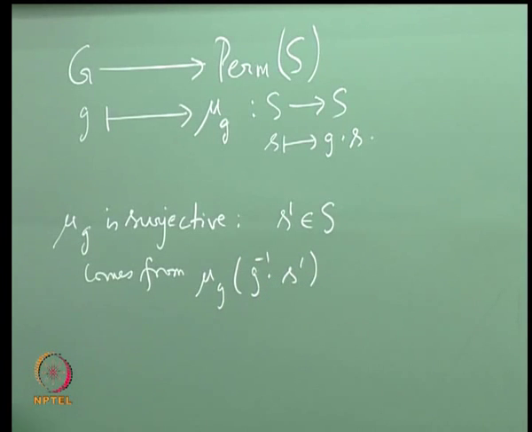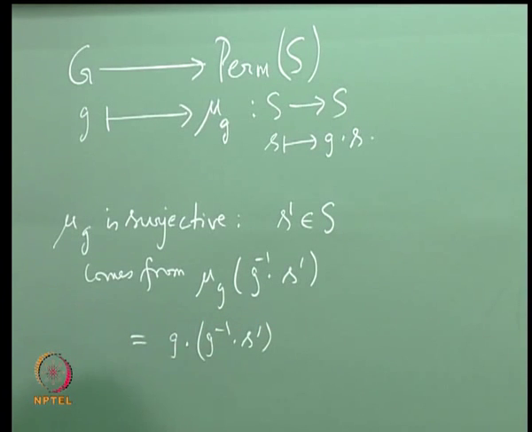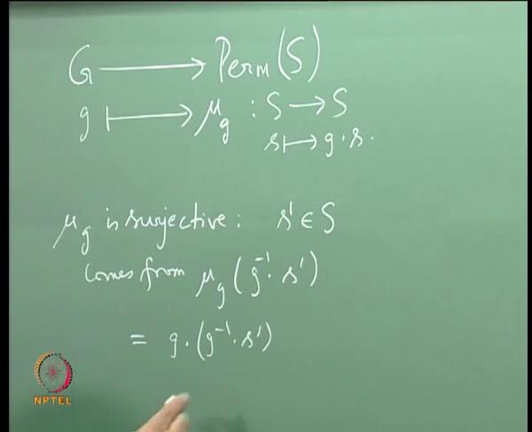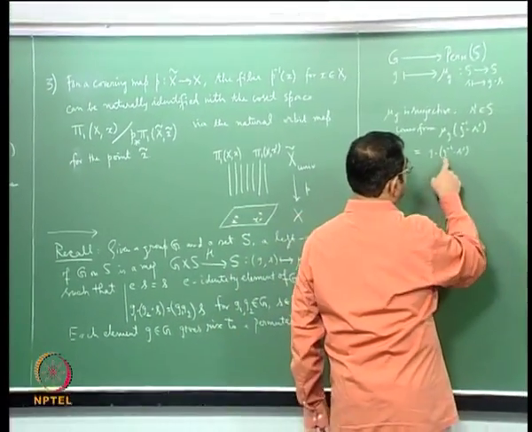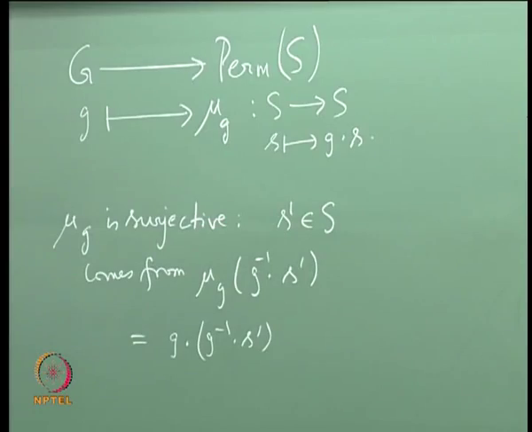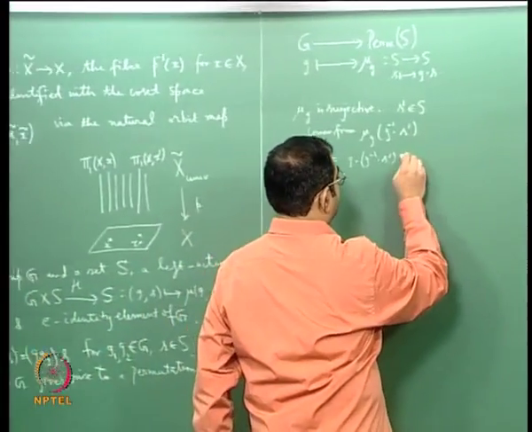So mu G of G inverse S prime is just G dot G inverse dot S prime, and by this condition I can put the G and G inverse together, I will get E dot S prime, but E dot S prime is just S prime, so this turns out to be S prime.